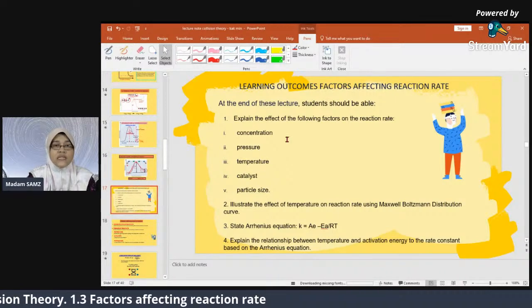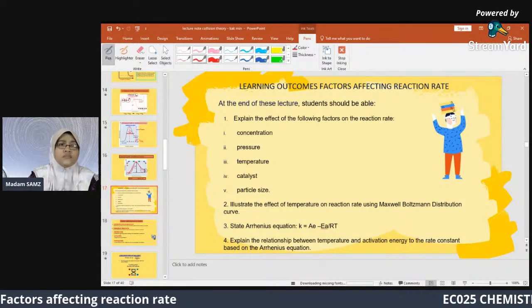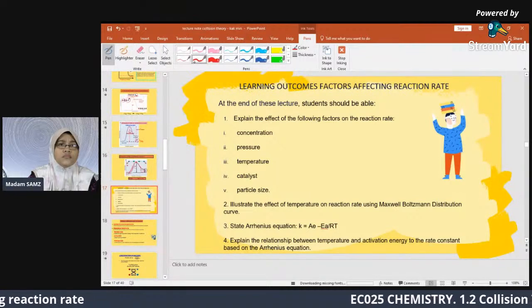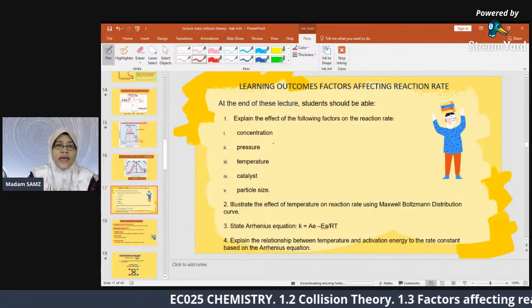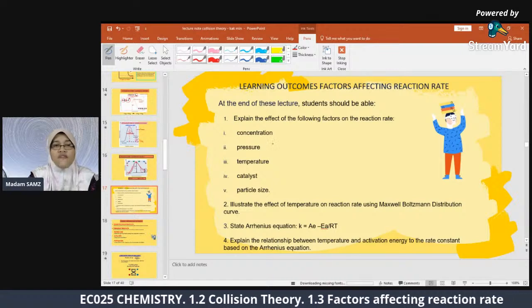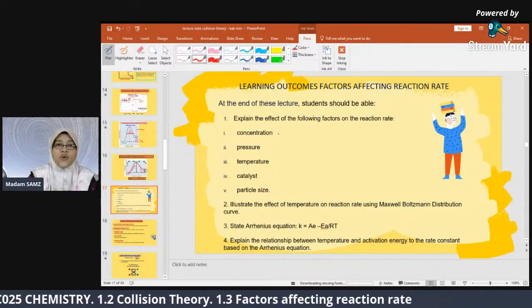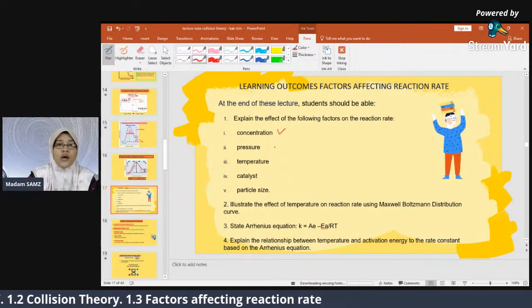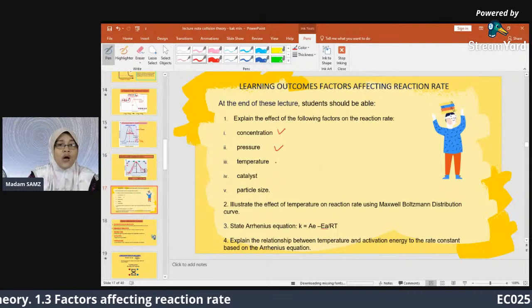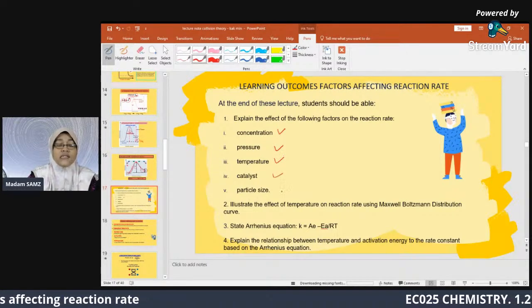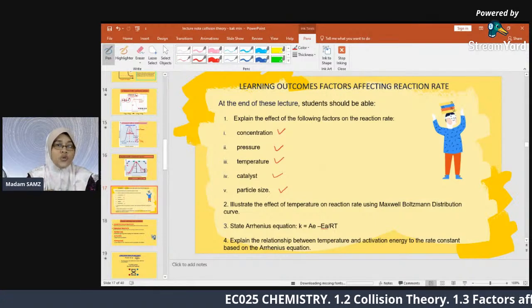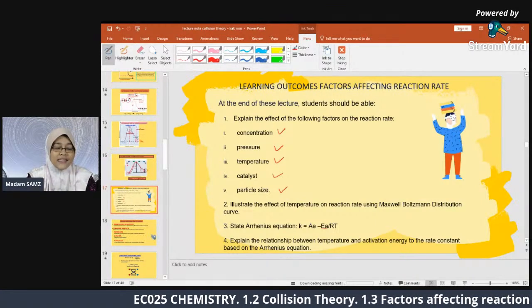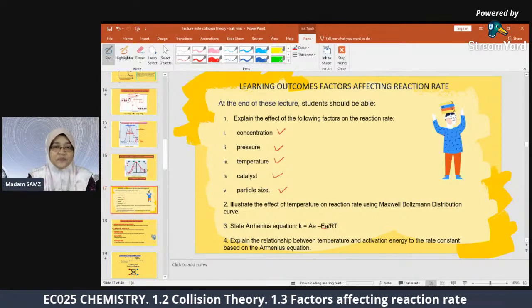How many do we have here? 5. The first one is concentration. The second is pressure. The third is temperature, then catalyst, and particle size. We will move one by one so you can understand this topic very clearly.